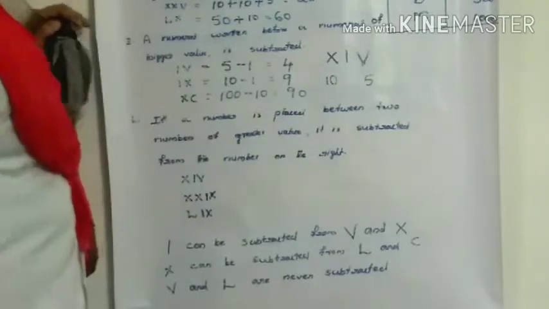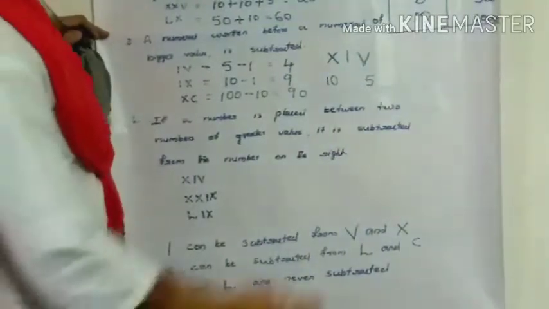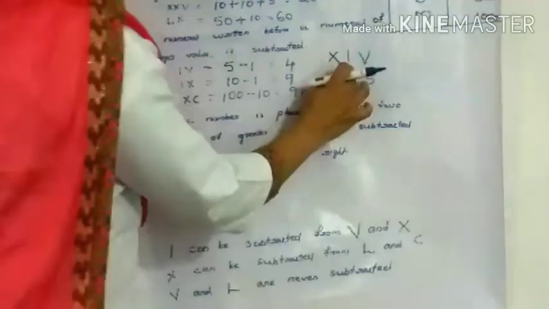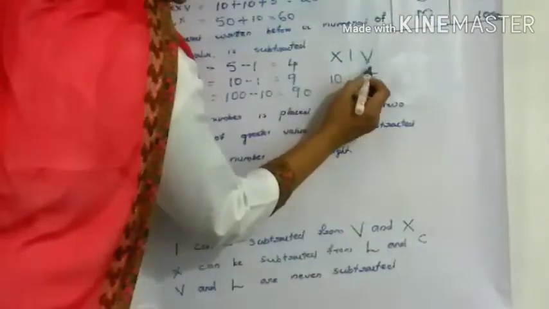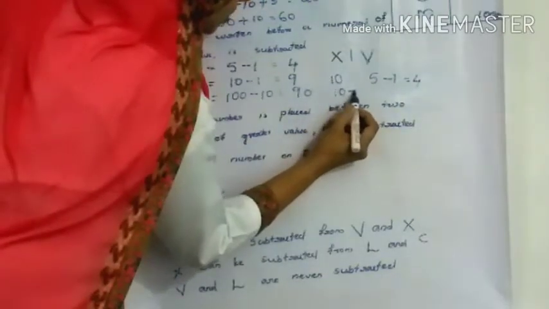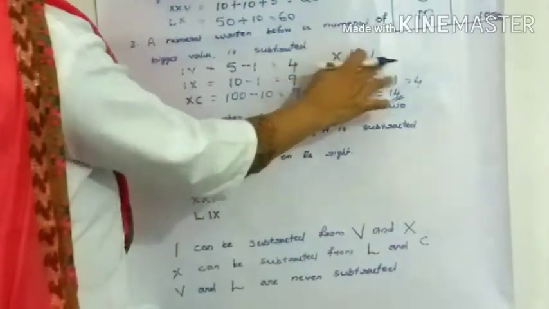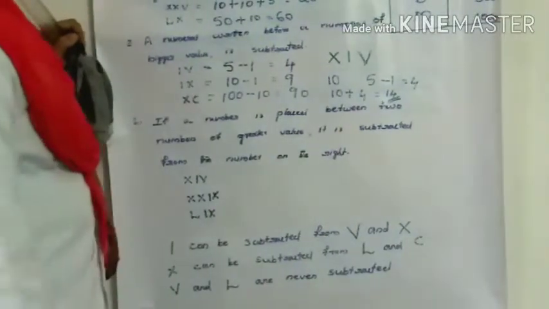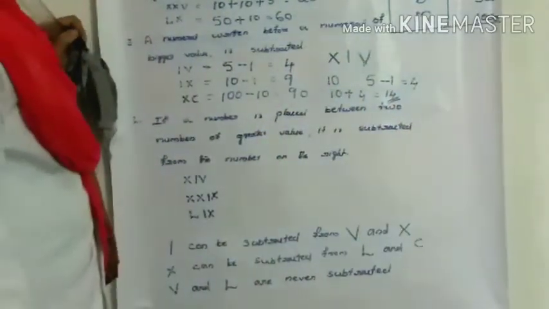This rule says that if a number lies between two greater values, we subtract it from the number on the right side. 10 plus 4, 14.